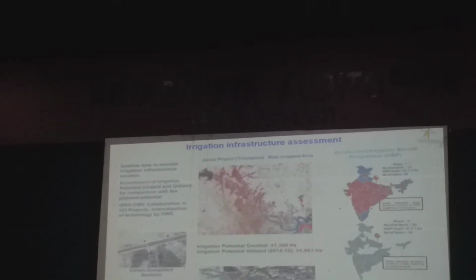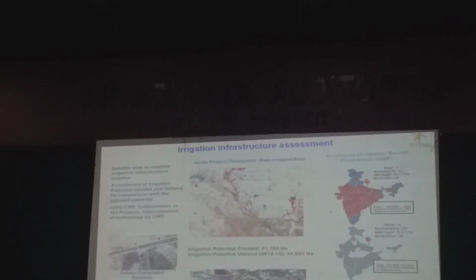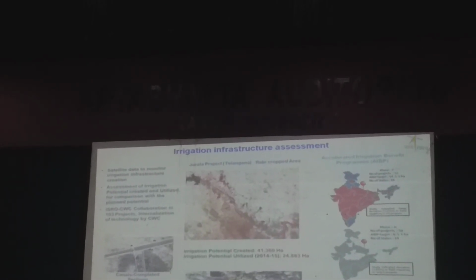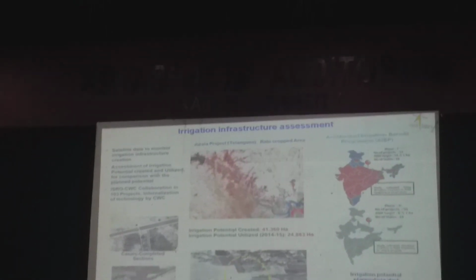Now irrigation infrastructure is another area: in a command area, where the right bank or left bank canal will be installed and how much area it will irrigate, all this information can be collected from satellite data.